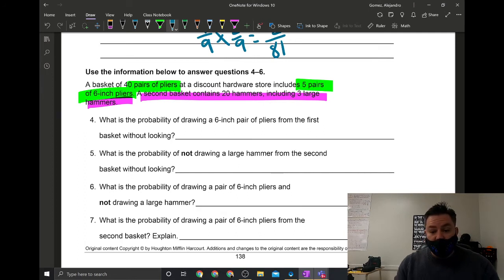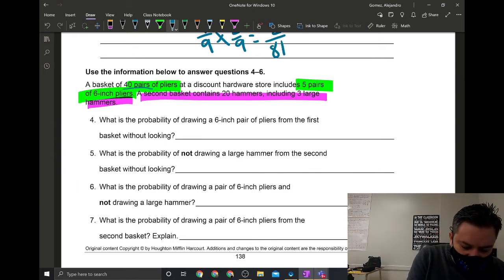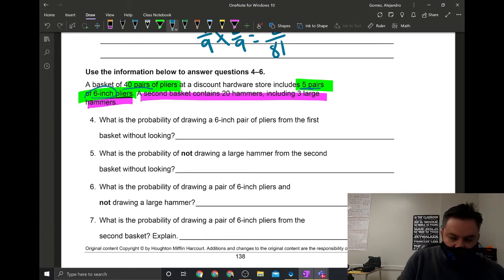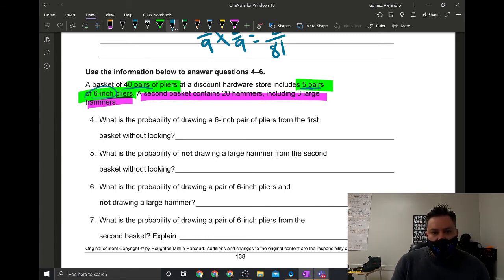So you're only looking at the first basket. What do we know about the first basket? We know that the first basket has 40 pliers and that 5 of them are 6-inch.